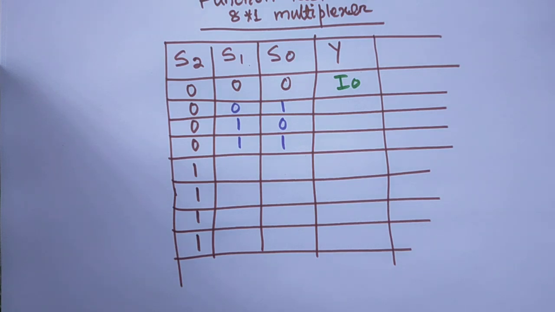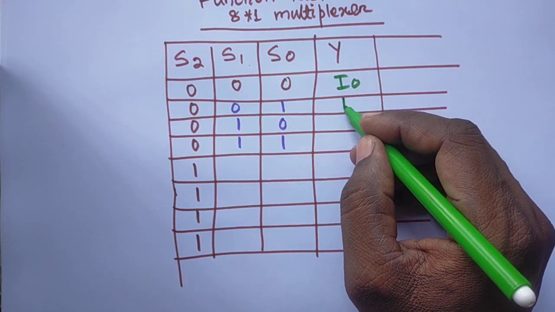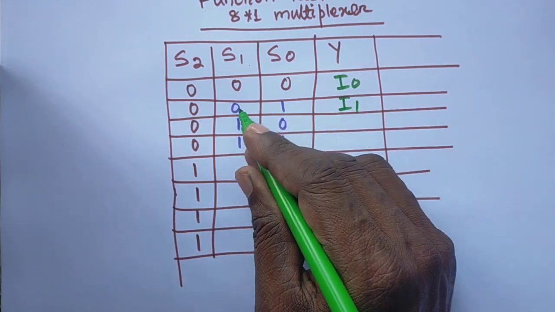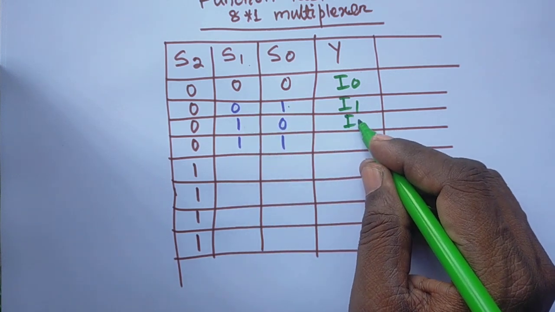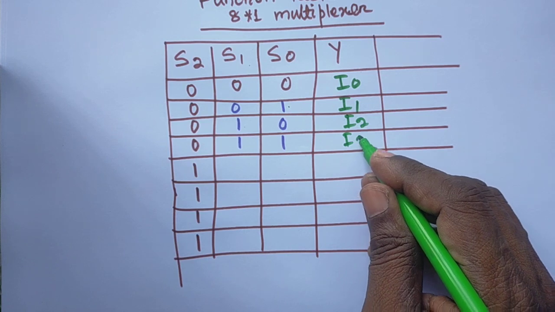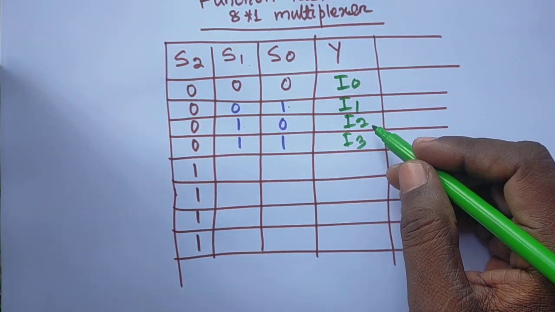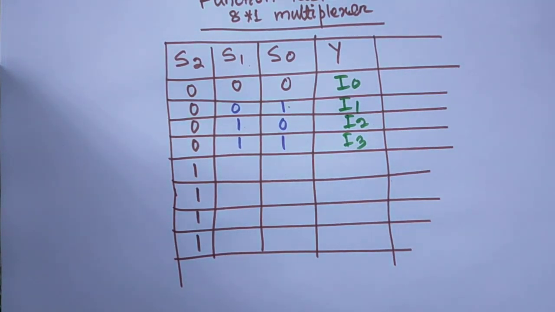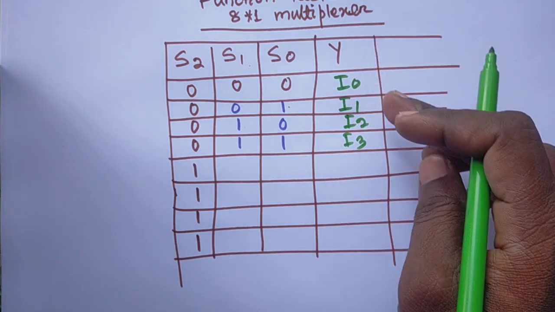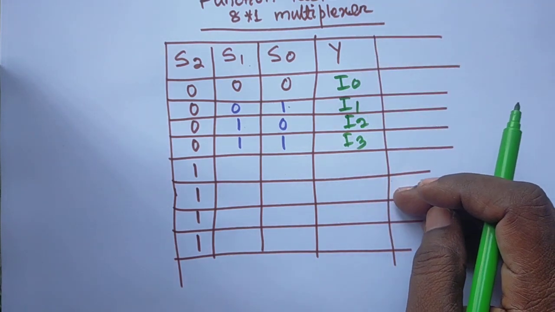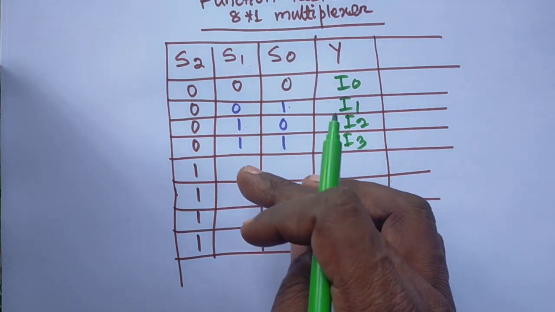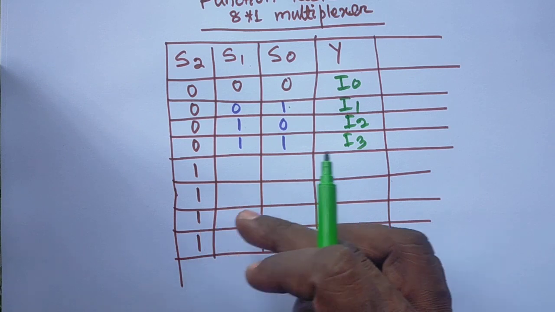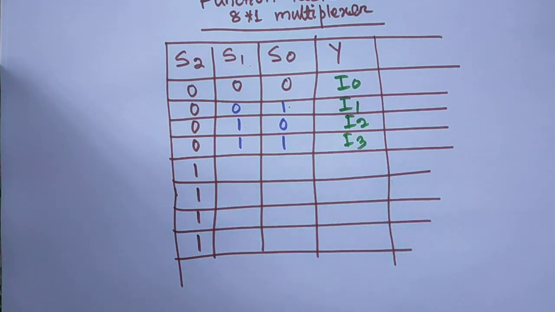In that case the values will be I1, I2, and here is I3. This kind of output we can get through this Y, where S2 is 0. If we go through S2 as 1, a similar case can also be considered.